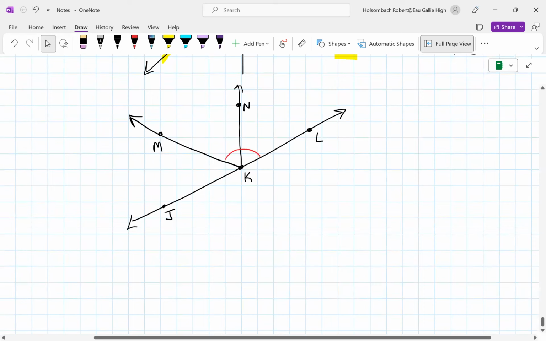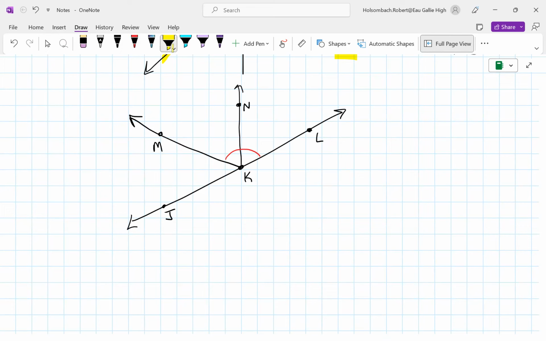Now, if you look at number 9, the information given says if the measure of LKM is 7x minus 5. So here's LKM. We start at L, we go to K, and then we go up to M. We're looking at this yellow angle right here. That's our reference. So what I like to do is put that measure on there, meaning this entire yellow angle measures 7x minus 5. The whole yellow angle.